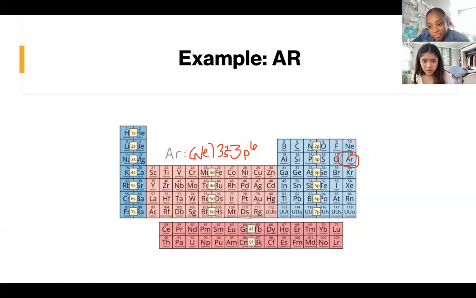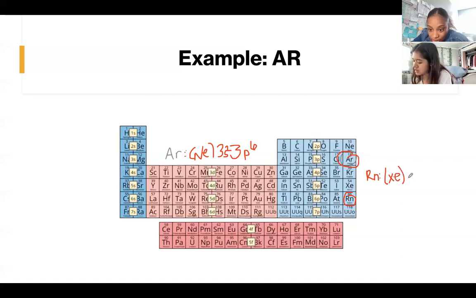Wait, so what's a different one? Like radon. You would go from xenon. So I'm looking for radon, right? And then you put Xe in the parentheses.